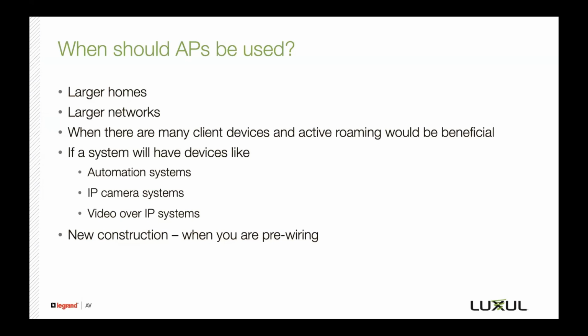Our thought is if you're going to be doing an automation system or an IP camera system or video over IP, or something that requires robust networking in order to function reliably and well, then you're probably going to want to very strongly consider access points instead of mesh. Please don't misunderstand. That doesn't mean that mesh doesn't work with an automation system.